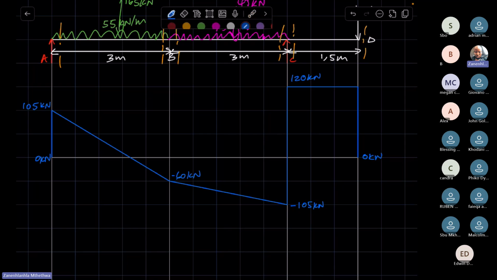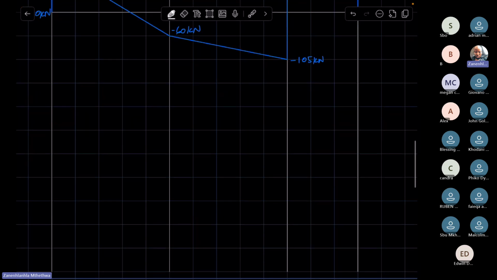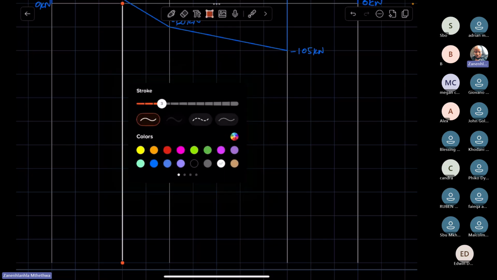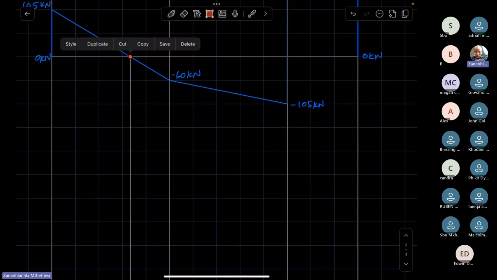So that is to say, we have to calculate the bending moment at this point, and at that point.